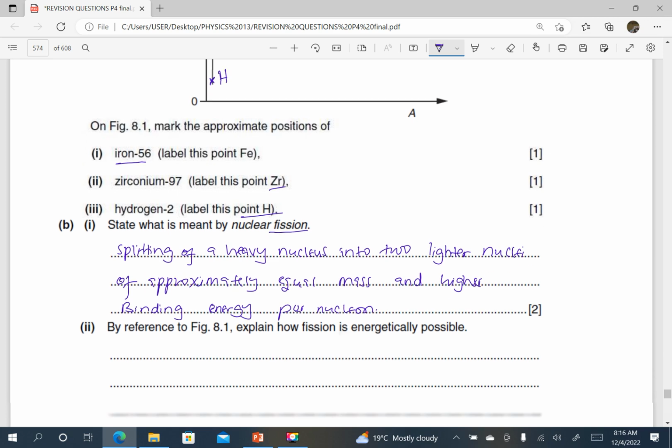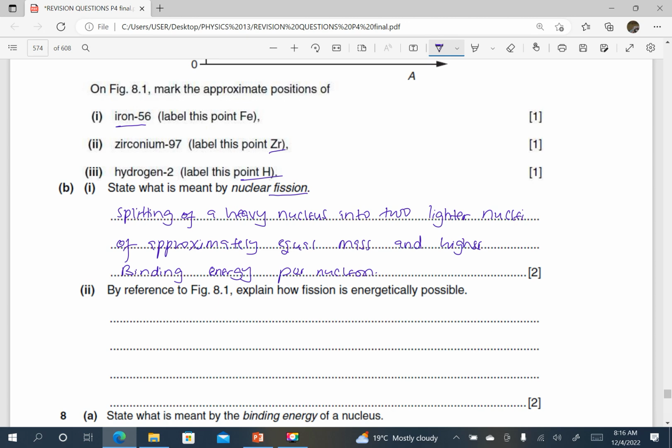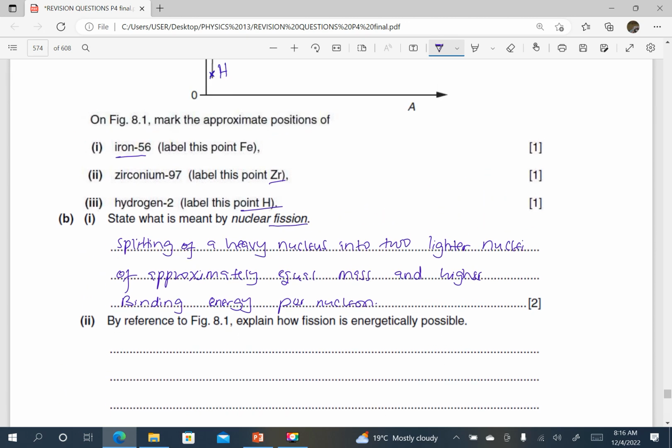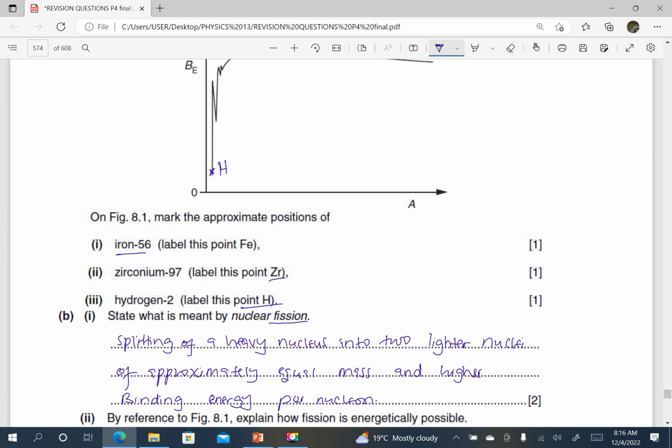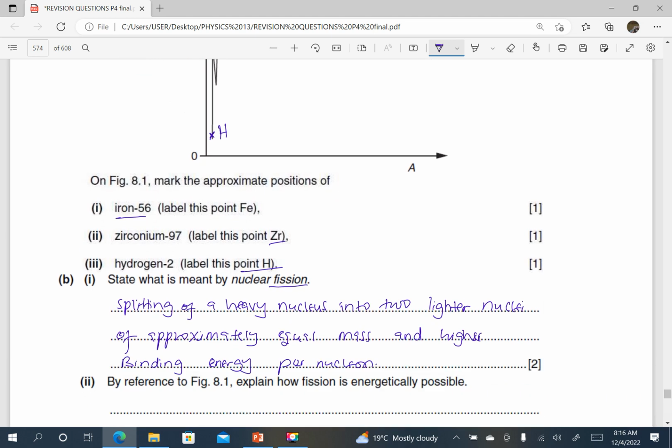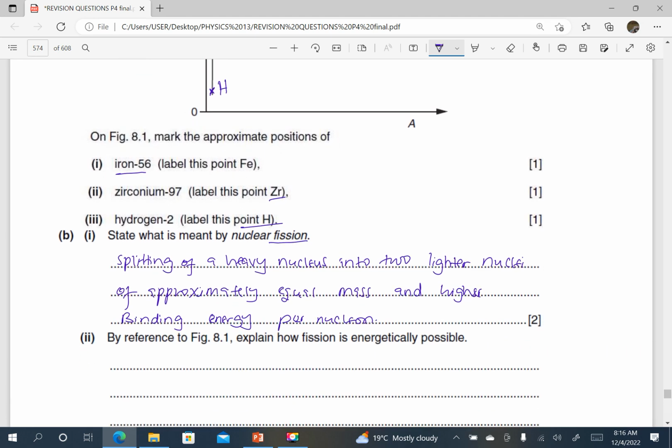By reference to the figure, explain how fission is energetically possible. How is fission energetically possible? Fission is only energetically possible if the binding energy of the parent nucleus is less than the sum of the binding energies of the fragments.